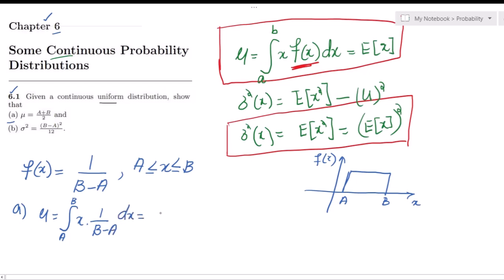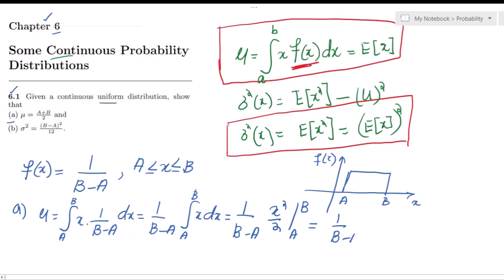This 1 over b minus a is the constant term, so it will be outside, and the remaining is the integral of x dx from a to b, or 1 over b minus a, and the integral of x is x square divided by 2 from a to b.